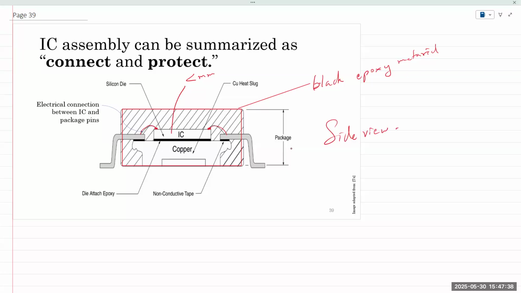The actual chip is very, very tiny and hermetically sealed inside. It can't be opened. Once it's fabricated and sealed, it's there. And hence we are making connections from the tiny chip to the big pin so that we can externally use it. It's also protecting the chip at the same time because it's sealed inside.